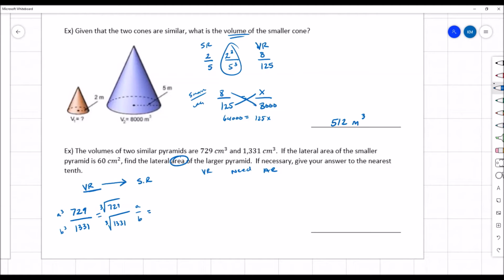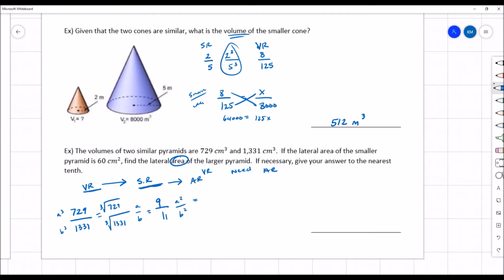The cube root of 729 gives us 9. And the cube root of 1,331 gives us 11. So we went from volume ratio to the similarity ratio, A over B. And then we're going to go to the ratio that we really care about, and in this case that is the area ratio, A squared over B squared.